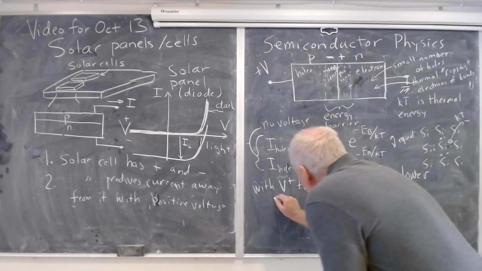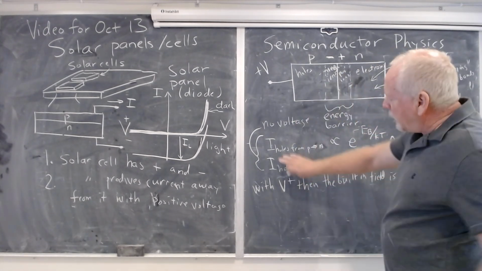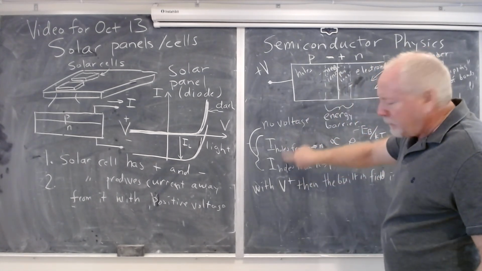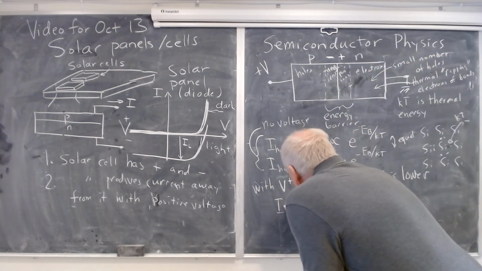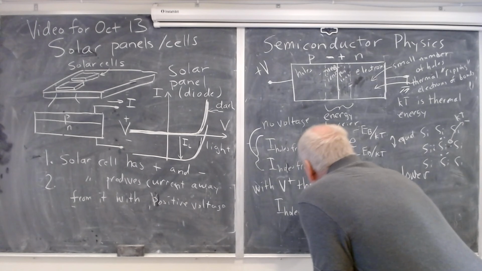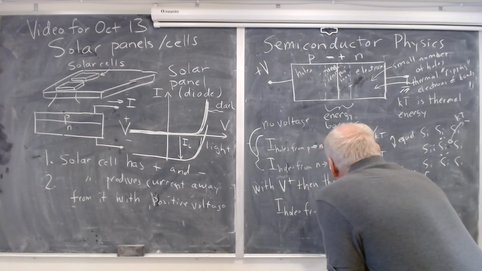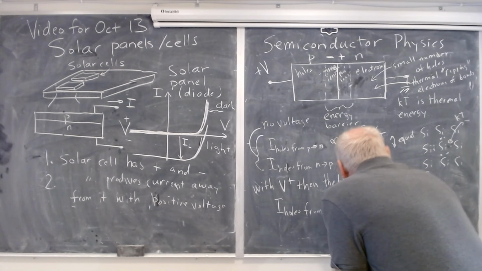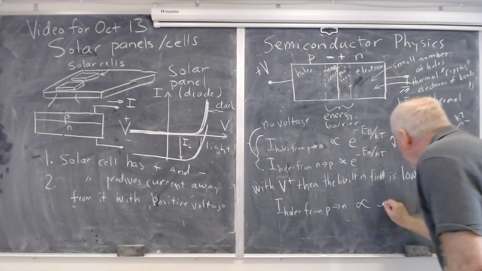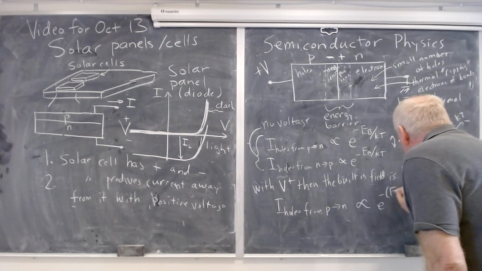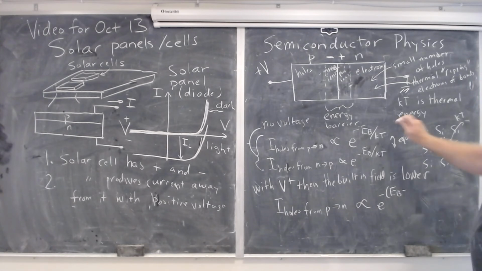Now, just backing up, I didn't write it out, but the same thing is happening for electrons, this sort of balance thing here. Then holes from P to N is proportional to a lower barrier. Now, how much is it lowered?